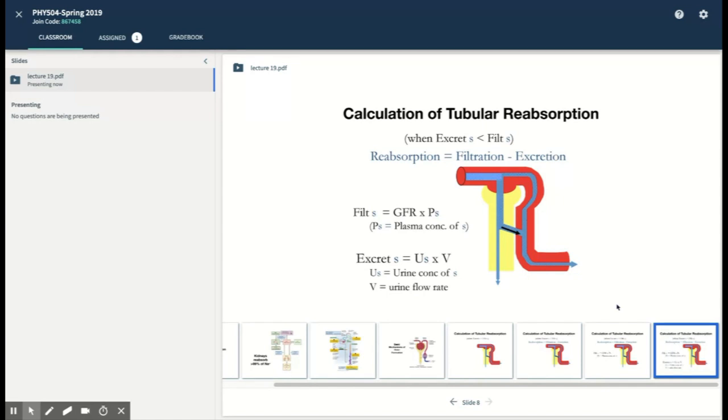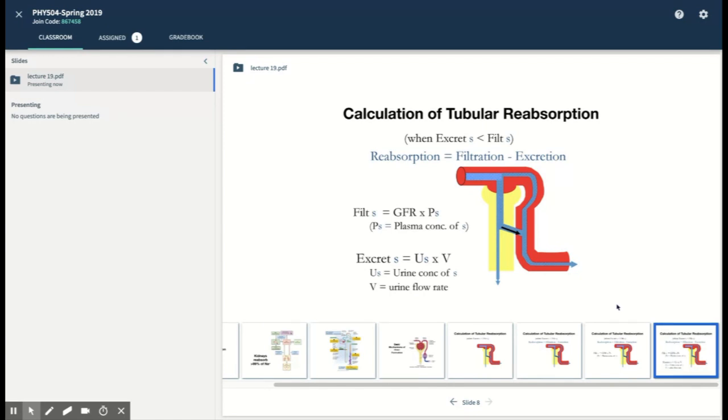Okay? This is talking about net reabsorption. If you have a molecule or an ion that is reabsorbed and secreted, this is only going to tell you if you have net reabsorption. If you don't have net reabsorption and you have net secretion, is the filtered amount going to be greater than the excreted amount?